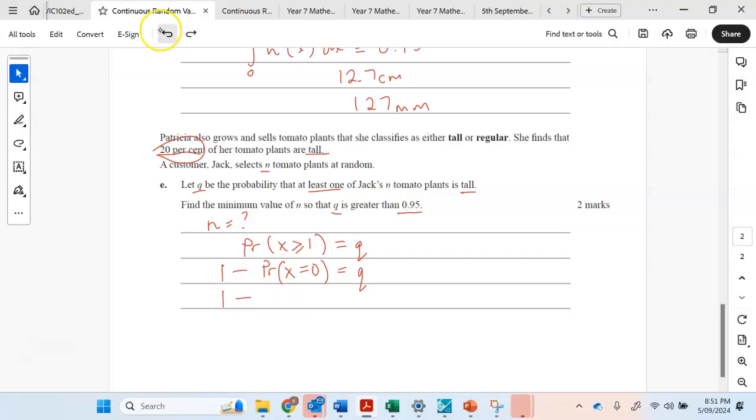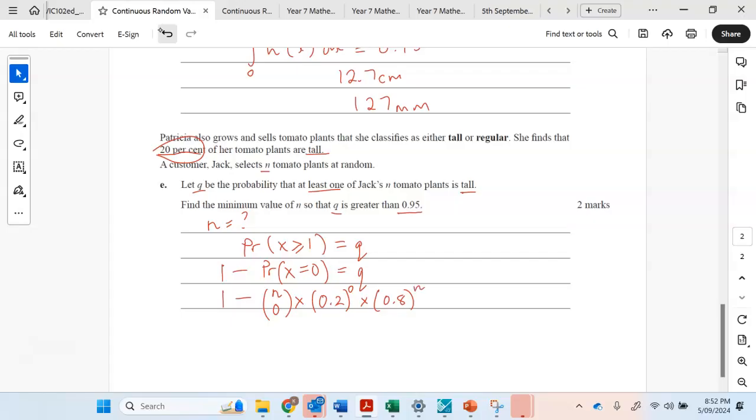It's binomial, so it's n choose 0 times the probability of success, which is 0.2. Don't do it as a percentage. That's to the power of 0, because we don't want any of them tall. And then the probability of failure is 0.8, to the power of n.